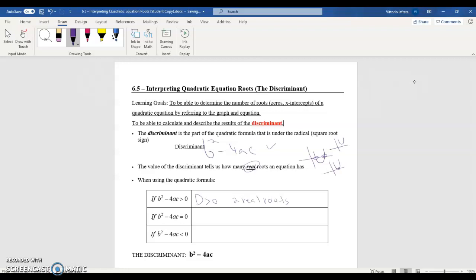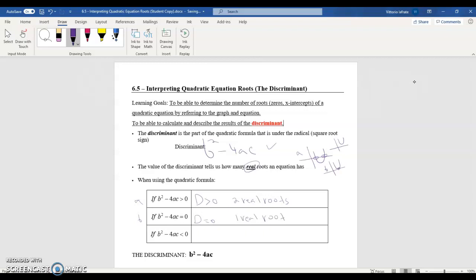If your discriminant, b squared minus 4ac, is equal to 0, so if d is equal to 0, then what that means is you have one real root. So basically, if d is larger than 0, you have a situation like this over here. So let's call this situation A. If the discriminant is equal to 0, then you have a situation, so let's call this situation B.